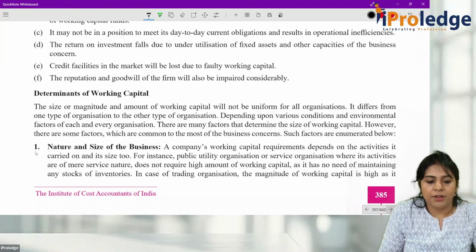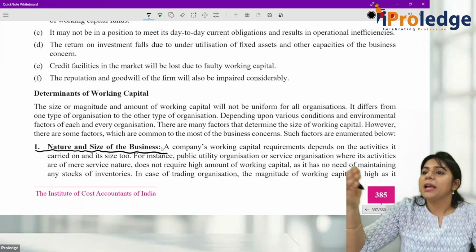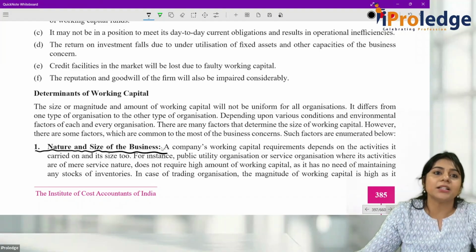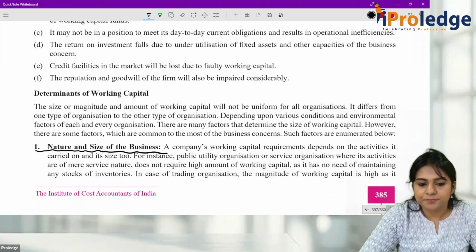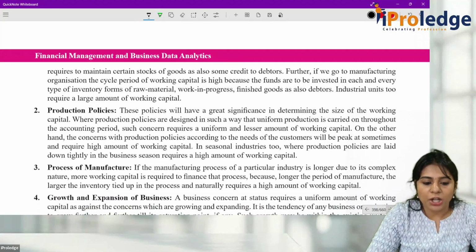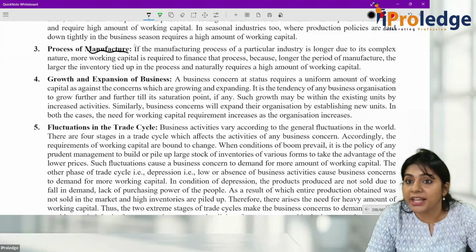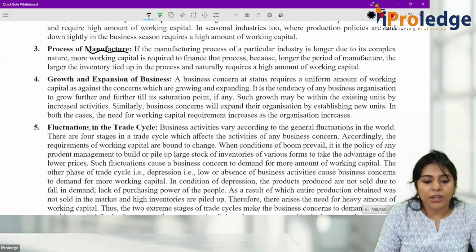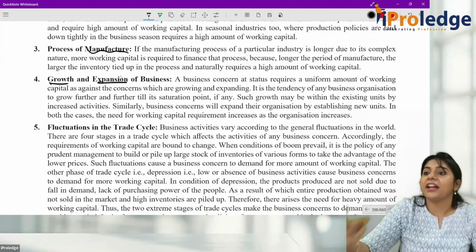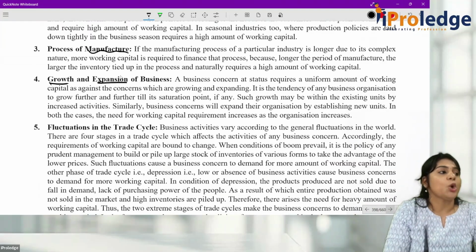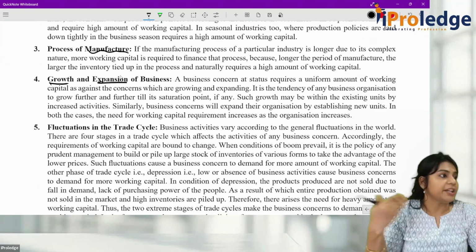Like I said, when I was talking about a small sweet shop, every nature and size of the business matters when you're planning your working capital. Your production policies: if you are in the manufacturing sector, then your planning for working capital is different. In case you're planning a growth or an expansion, like in Diwali season, your plans are different. Your other months are different, right? So you need to plan a little ahead of time.